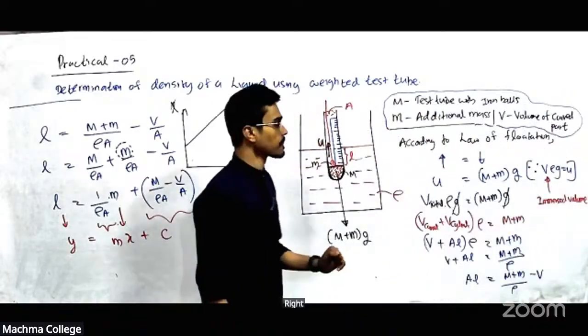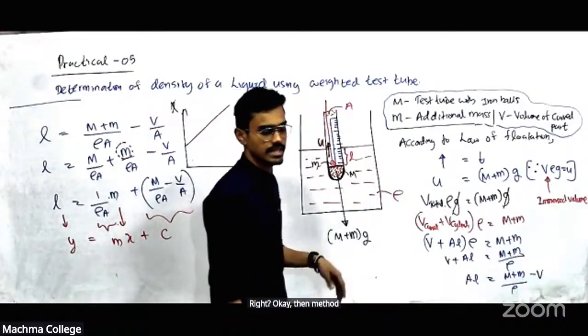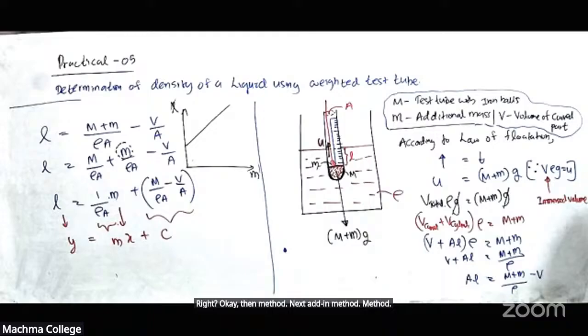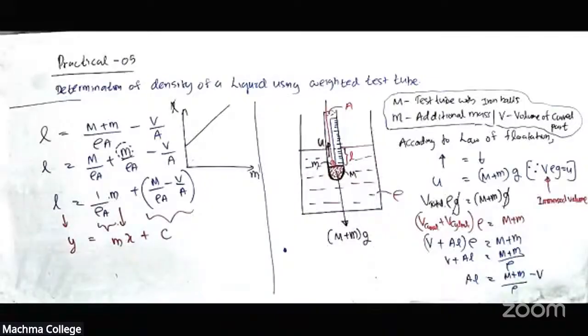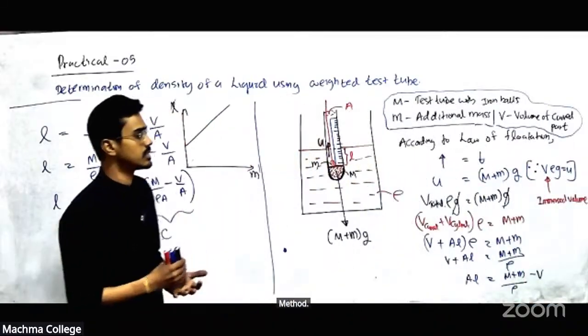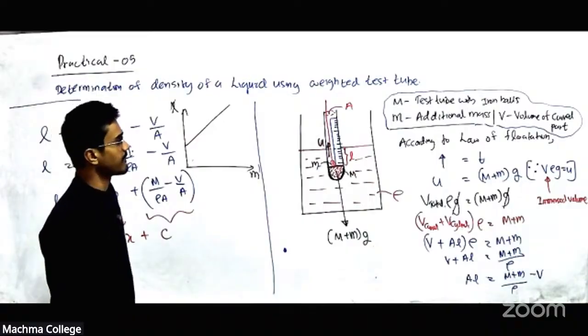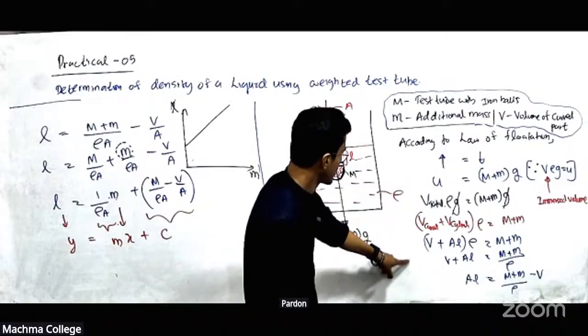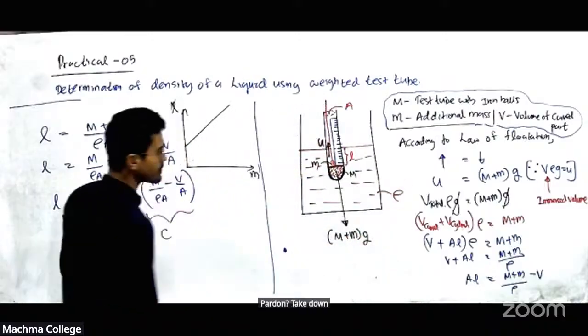Right? Okay, then method. Next heading, method. Now start from here and take down up until the graph.